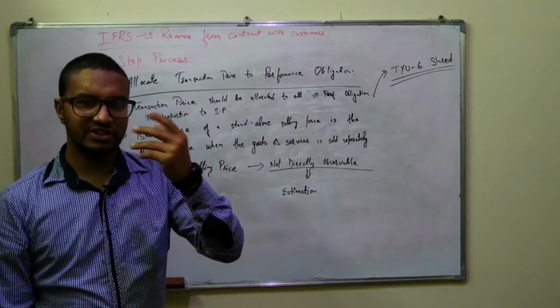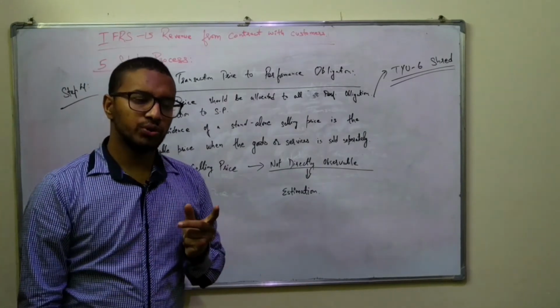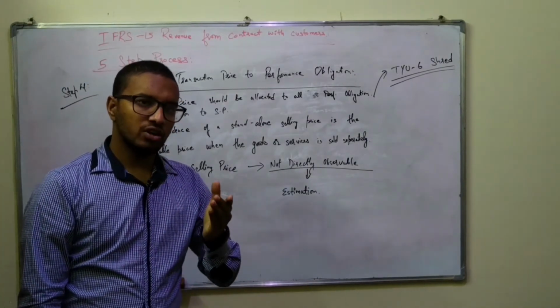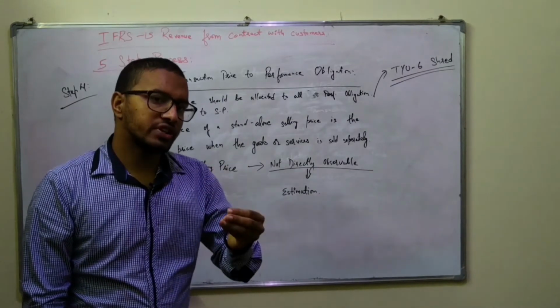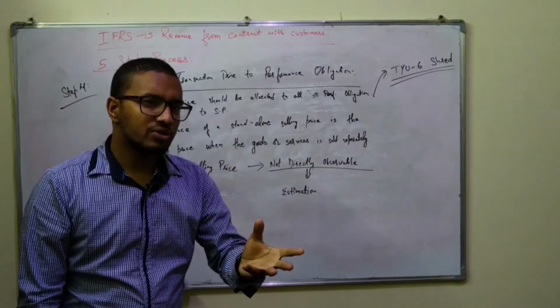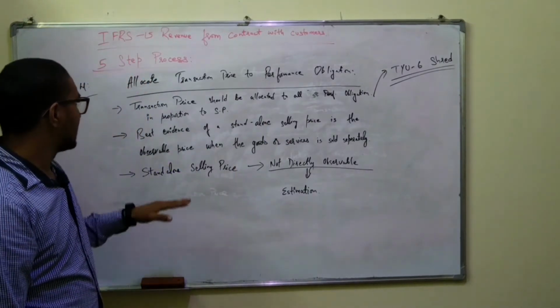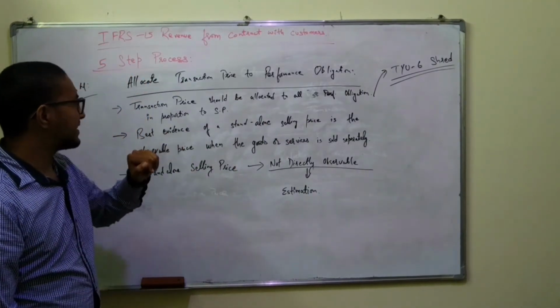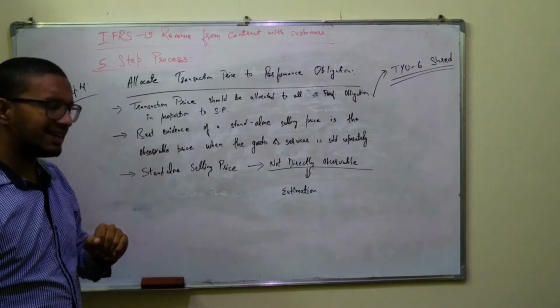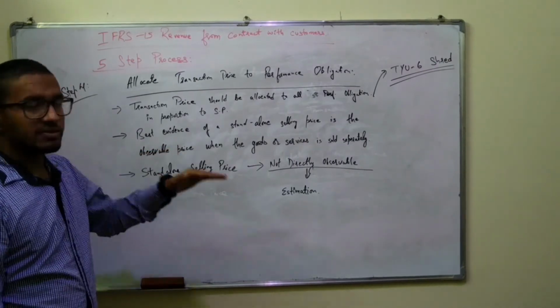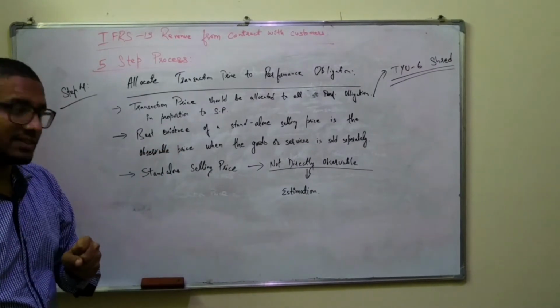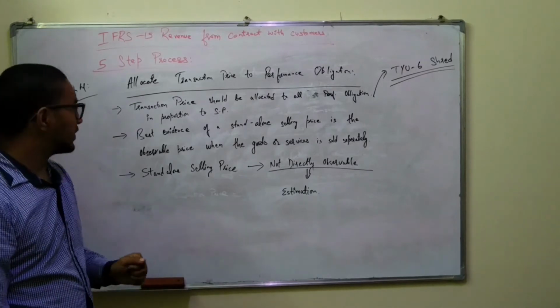So suppose you offer a discount to a customer. What you would do is apportion the discount amount by their selling price. Okay, that's a very important thing. And then after that, the best evidence of standalone selling price is the observable price when the goods and services are sold separately.